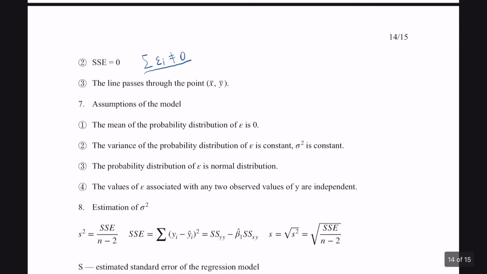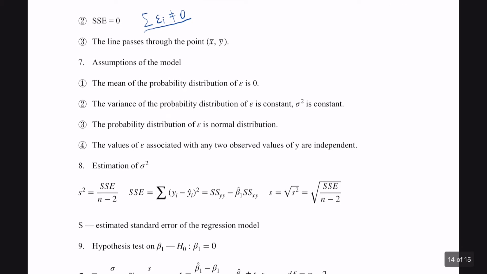The last assumption is that the values of epsilon associated with any two observed values of y are independent. So if I have a y of 1 and I have another y of 10, the epsilons related to these two values have no connections.